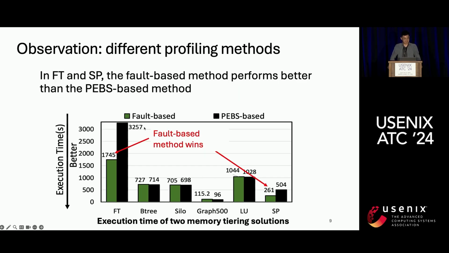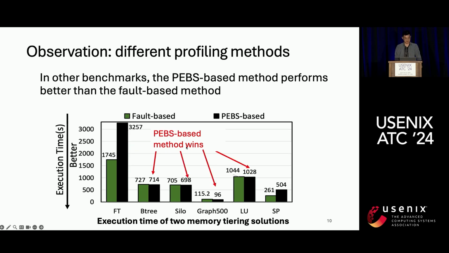In FD and SP cases, the fault-based method performed better than the PEBS-based method. In these cases, the hot sets are changing quickly. PEBS cannot detect these changes timely, which will have bad performance. However, in other benchmarks, the PEBS-based method performed better than the fault-based method.